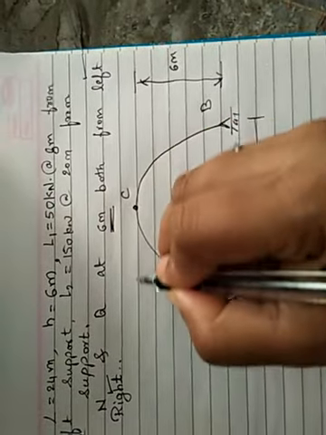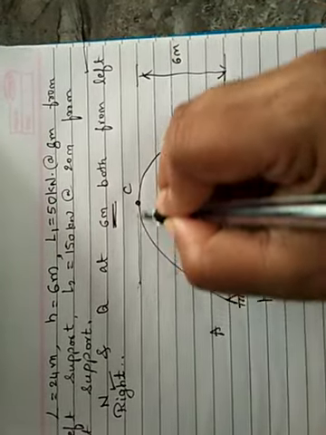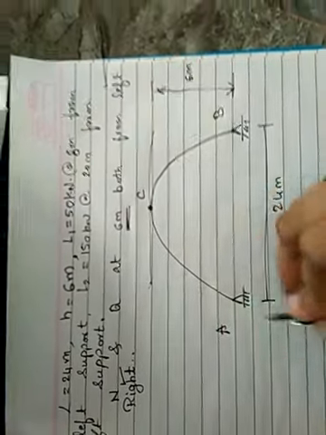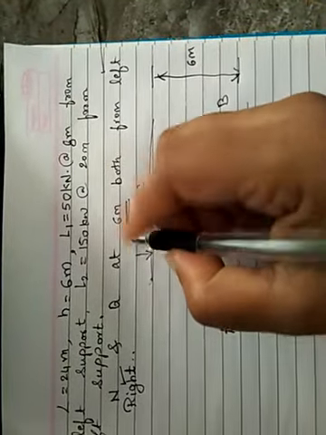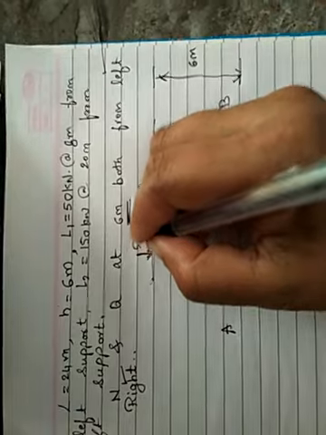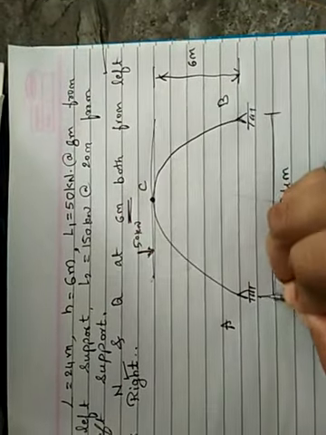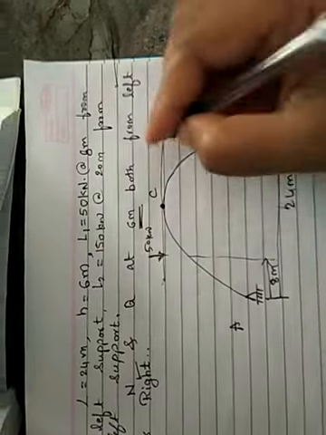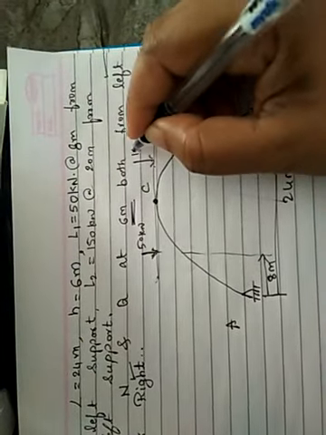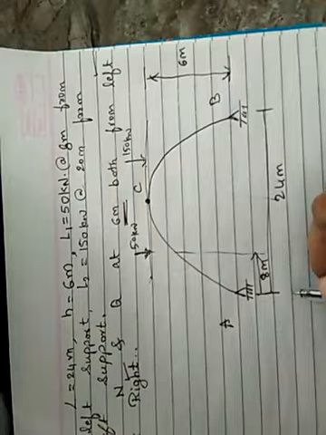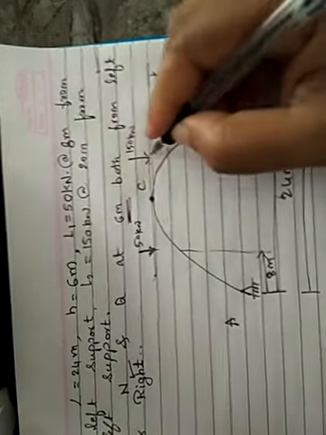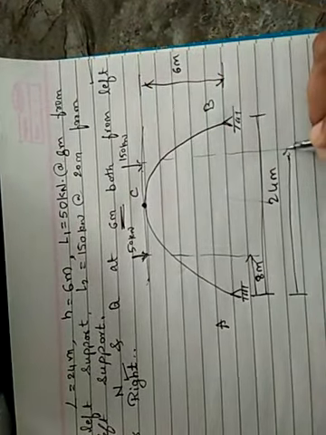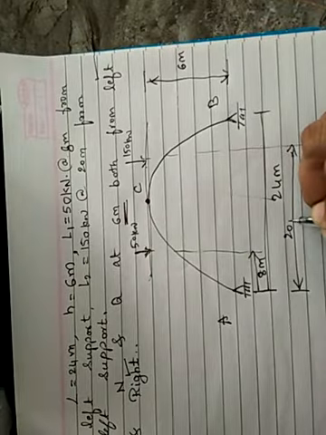At this point 50 kilonewton is acting, which is at a distance of 8 meter, and one more load is acting, 150 kilonewton, which is at a distance of 20 meter from the left support. So this is what he has given.